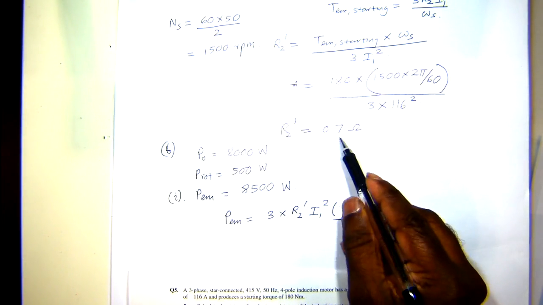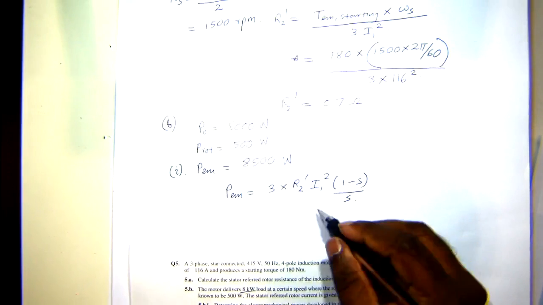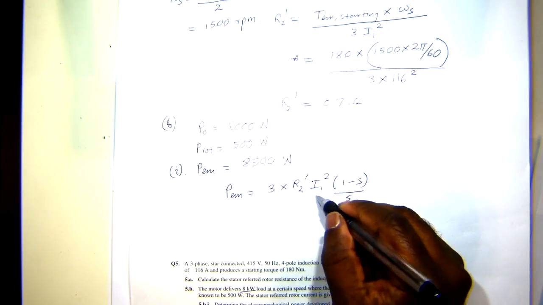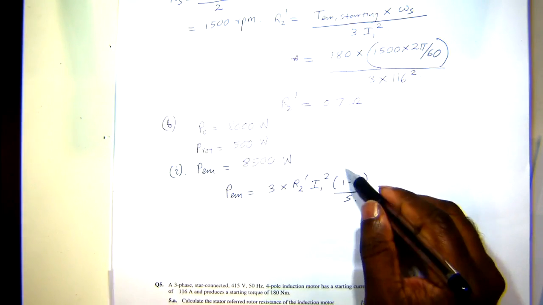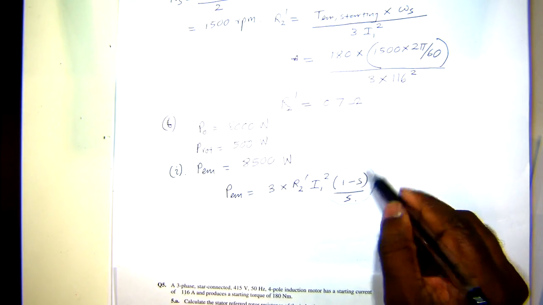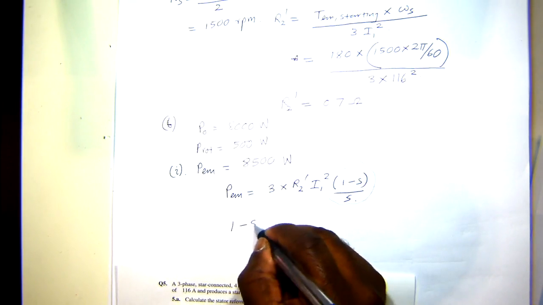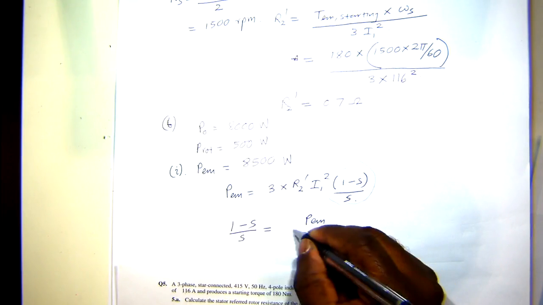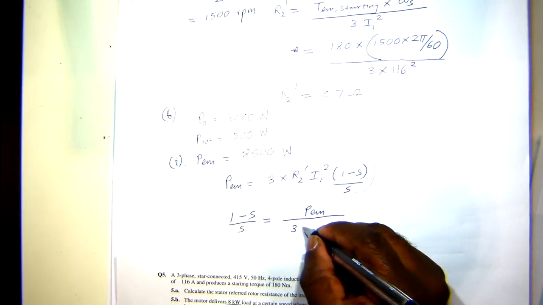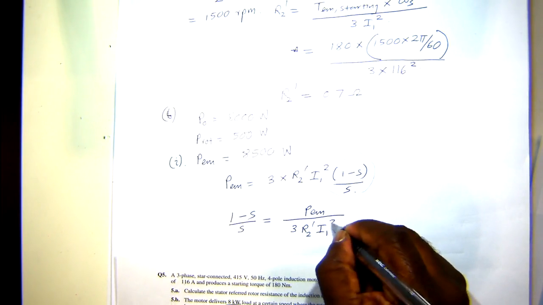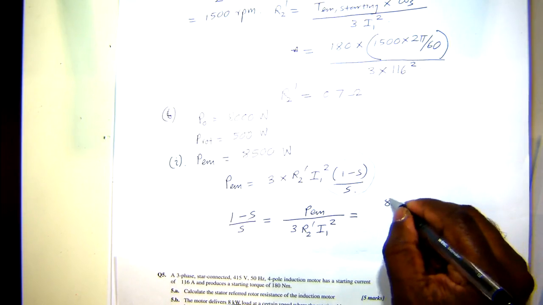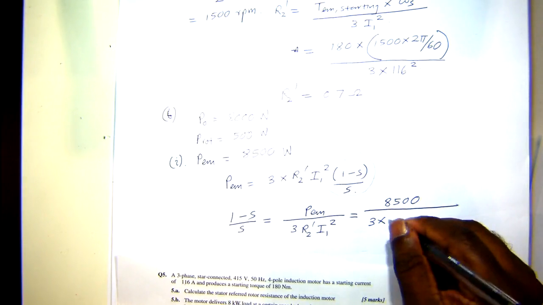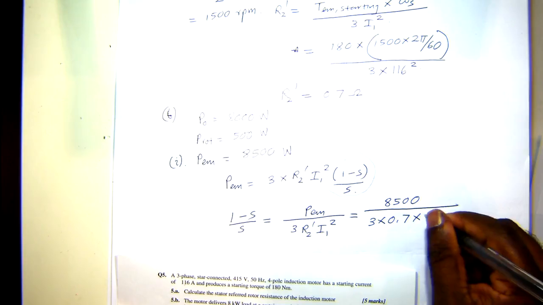R2 value, we've calculated it earlier, that's 0.7. Stator referred rotor current, that's 20 amperes here. So then we need to solve only this bit here. So we can write 1 minus S over S is equal to PEM divided by 3 times R2 prime I1 squared. So PEM was 8500 divided by 3 times 0.7 and 20 squared.